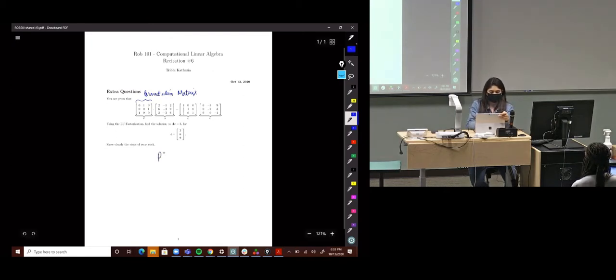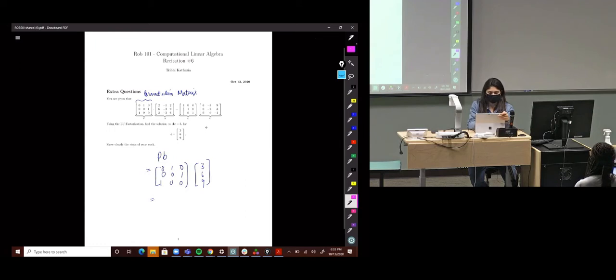When I say P times B, if you multiply it out, it will be 0, 1, 0; 0, 0, 1; 1, 0, 0 times B, which is 3, 6, 9. To predict it without doing the multiplication, you compare it with the identity matrix, which is 1, 0, 0; 0, 1, 0; 0, 0, 1.